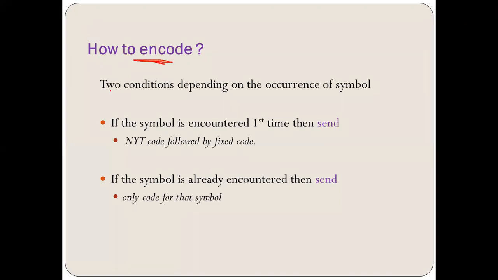Now in the encoding procedure also, there are two conditions. The two conditions depend on the occurrence of the symbol, as it was in the updation of the tree. One, if the symbol is encountered the first time, and the other, if the symbol has already been encountered.